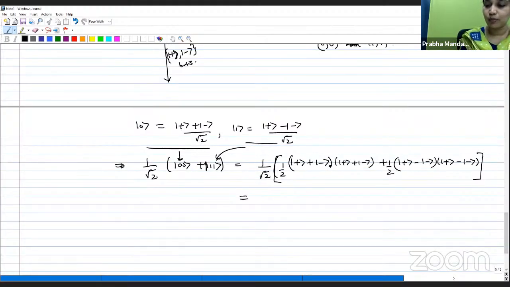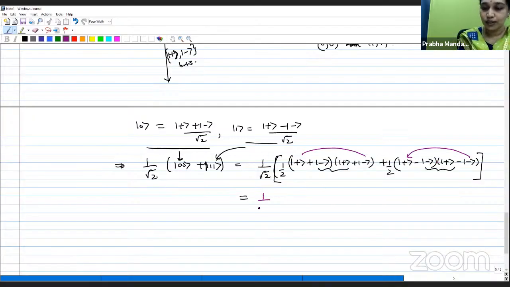I simply now have to do a bit of algebra to see which terms actually survive. You will see that this minus-plus term out here and this minus-plus term out here come with a minus sign. Similarly, there's one more minus sign on this plus-minus term and this plus-minus term.